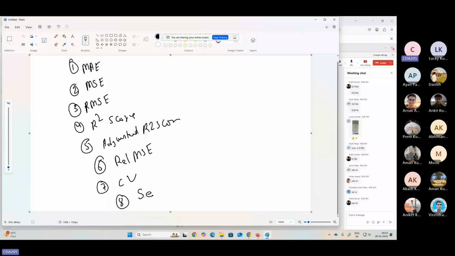So these are the evaluation metrics. On the basis of these, you can say whether the regression model is good or bad. So whenever you apply a regression model on any training data set, you have to calculate these.